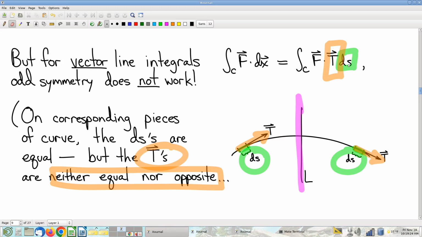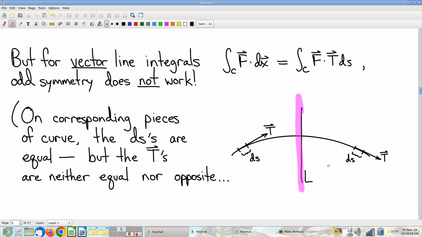Now I will point out that I was trying to be careful with my choice of words: odd symmetry doesn't work. If you're curious, there is a different kind of symmetry that does work. And frankly, it's more trouble than it's worth, and I'm not going to spend time talking about that theorem, partly because we don't have time, and partly because even if we did, it's just not that useful in practice day in and day out.